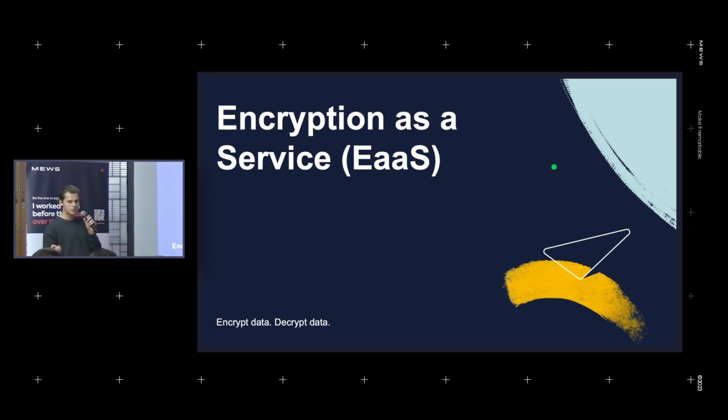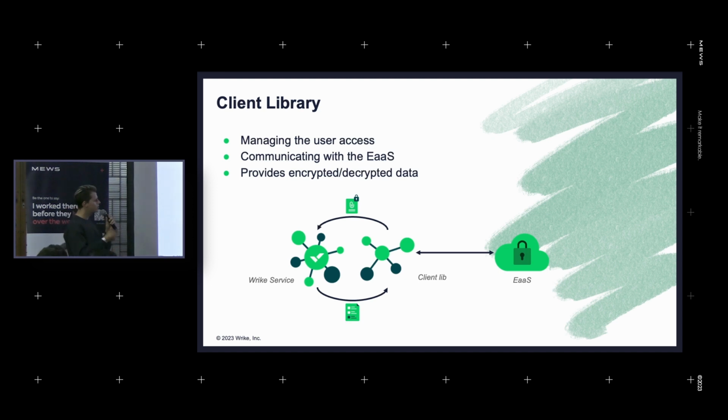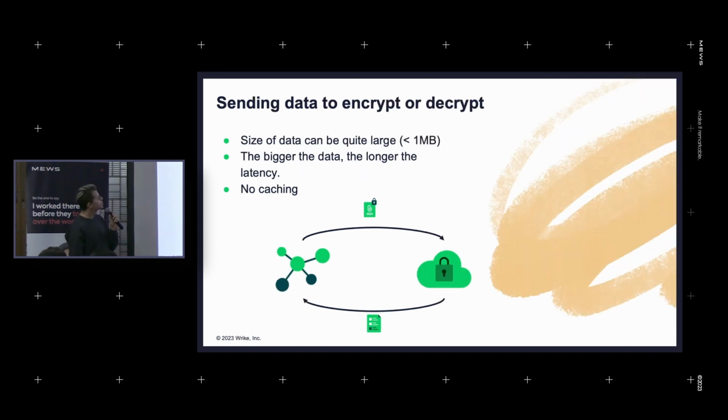So when we have a service, we have a client. Let's talk about the client. We want the client to be very lightweight. We want it to be included in all the services which need it. They will manage the user access, user permissions, whatever, and communicate with the service and provide the encrypted and decrypted data on demand. How do we do this? Well, the first approach of sending data to encrypt or decrypt was not very nice because the data can be quite large.